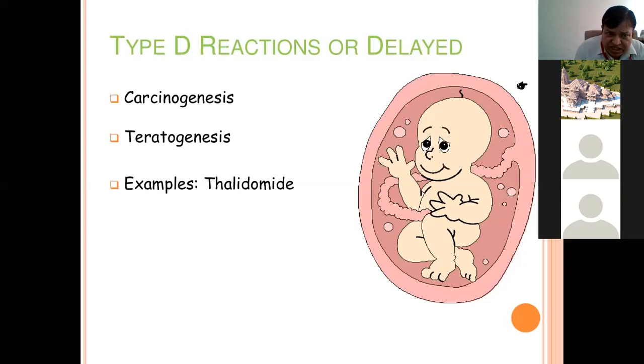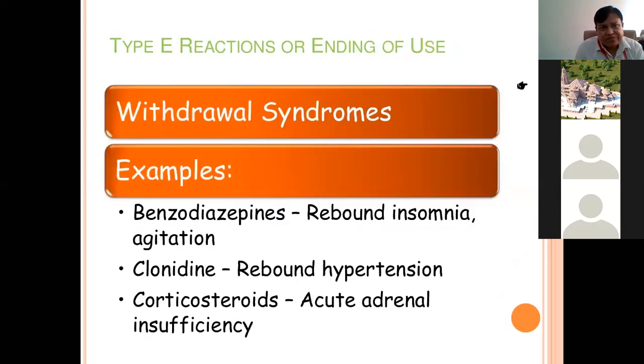It cause carcinogenesis or teratogenesis, and thalidomide is an example that is a big tragedy in Second World War. You well known this thing. Baby born with no hand and legs, without hand and legs. Thalidomide effect.